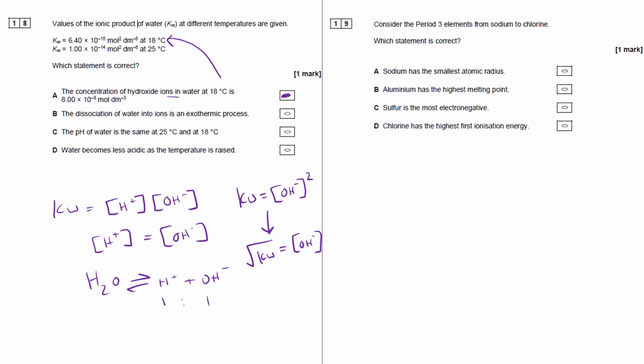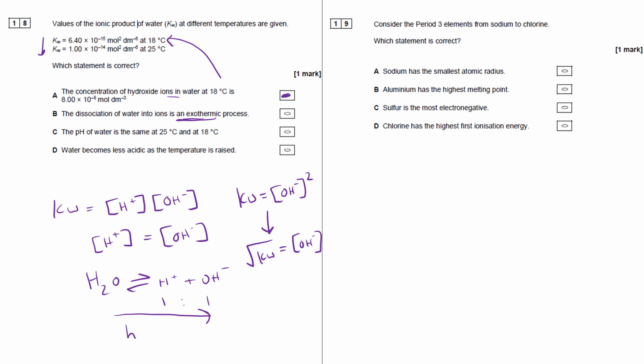Let's just go through the other options to make sure you understand why B, C and D are incorrect. So the dissociation of water is endo or exothermic. So if we dissociate water, if we increase the temperature, we can see that Kw increases. So which way has equilibrium shifted?